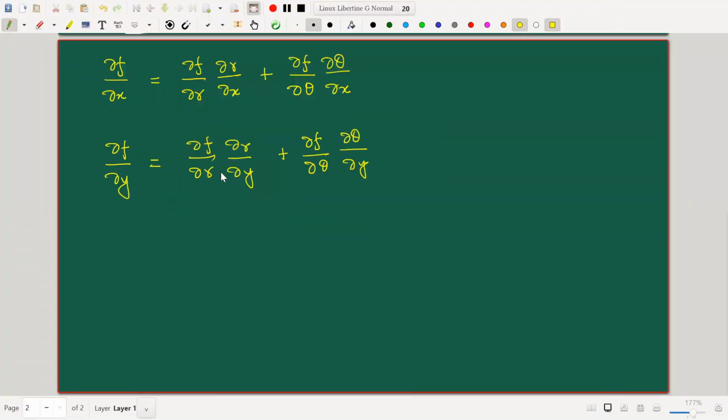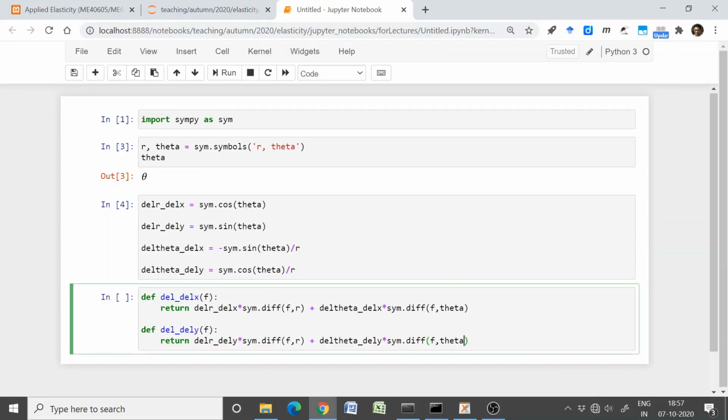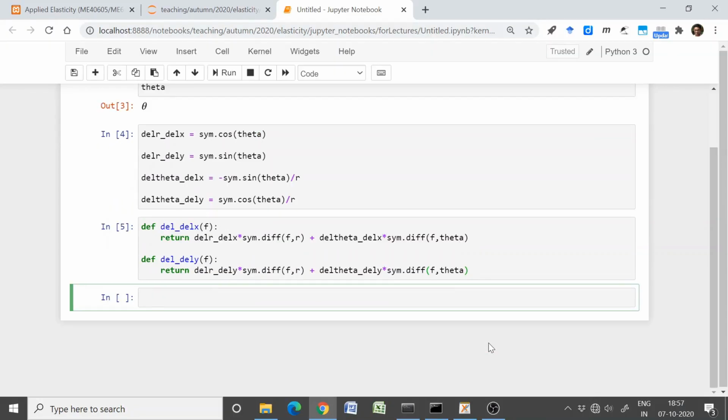We check once again. This is perfectly all right here. As you can see, del f del r times del r del y plus del f del theta times del theta del y. Okay, so this is done. All right, so our operator definitions are done.